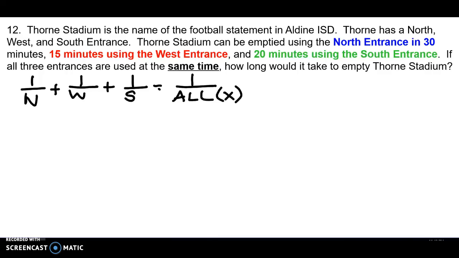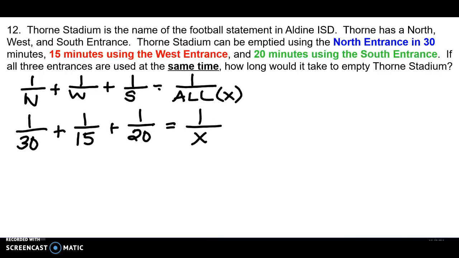So if I fill in what I know, the north entrance, it said, takes 30 minutes. The west entrance takes 15 minutes. The south entrance takes 20 minutes. And we're looking for how long would it take if all three were open at the same time. So just like before, we're going to need to find a common denominator. So we look at what we have. We have a 30, a 15, a 20, and an x.